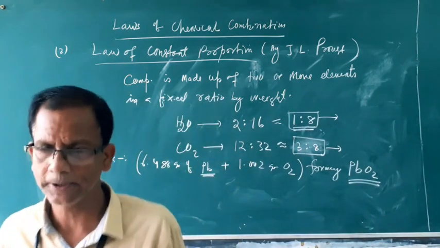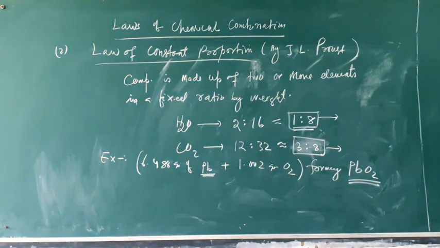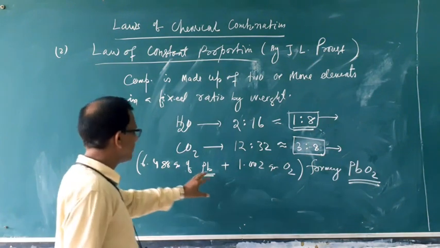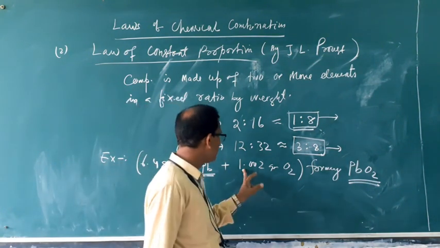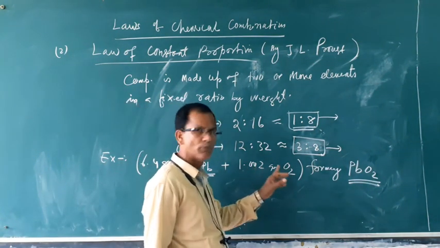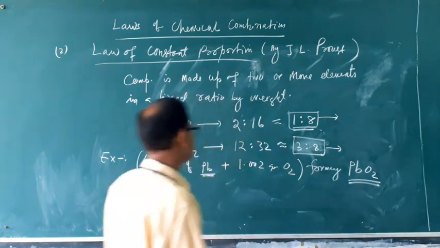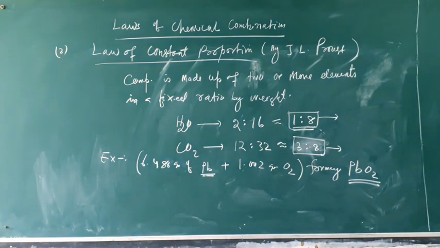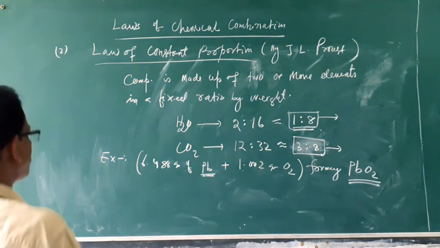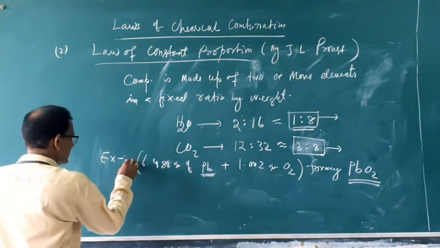In the experiment, 6.488 gram of lead combined with 1.002 gram of oxygen forming lead oxide. This is the first part, the first experiment.